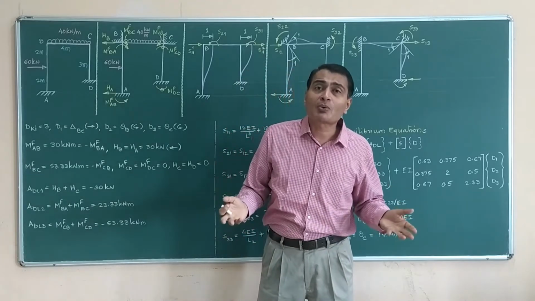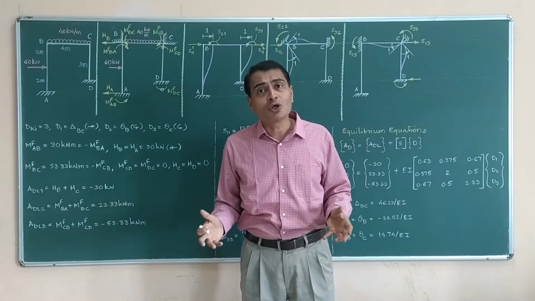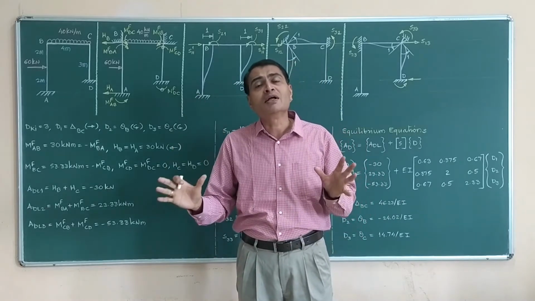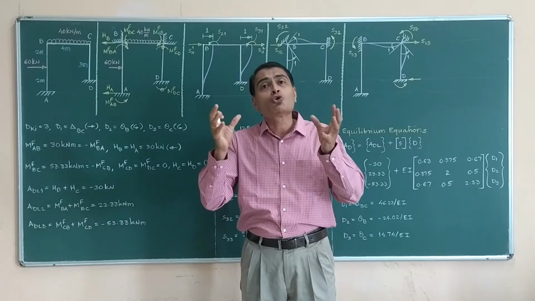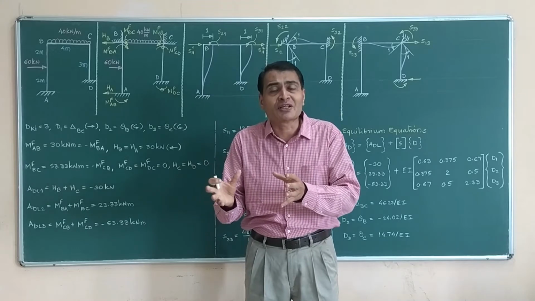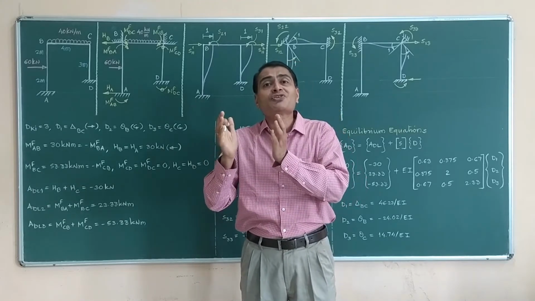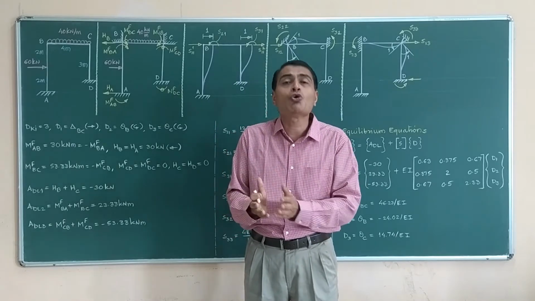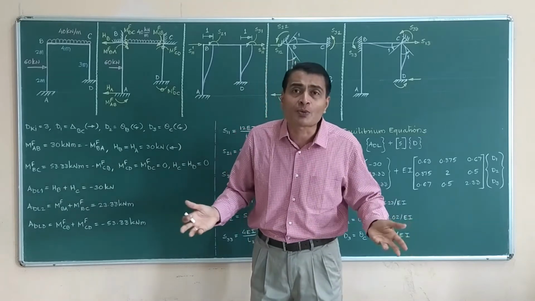Here we must remember our assumption that members are inextensible, so that delta B and delta C are not different. Delta B same as delta C is equal to delta BC, let us say. That is applicable to the entire beam. Rightwards we are going to assume because rightwards is positive, and as far as rotations are concerned, anti-clockwise are positive.